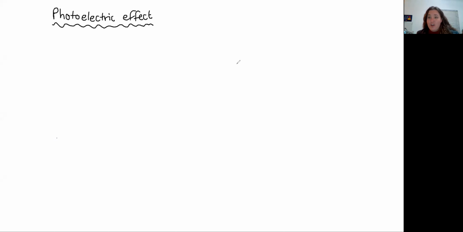But what we find, and it's a phenomenon, is that if you have a piece of metal and you shine light onto this metal, so that this is light over here, it is possible that the electrons that technically are the delocalized electrons that sit usually on the top of the metal, it's possible to cause one of these electrons to be emitted. So we can have an electron that is emitted or given off. Now, that is what the photoelectric effect is. You shine light on a metal and the metal ejects electrons.